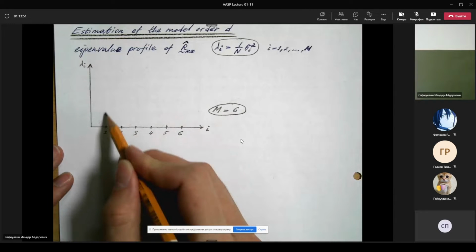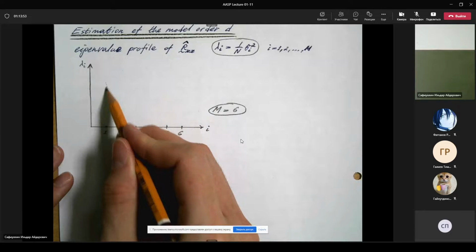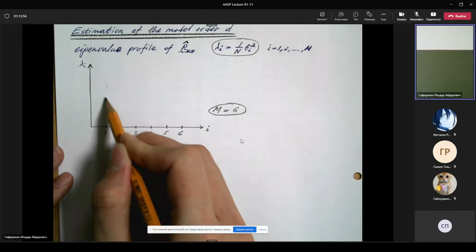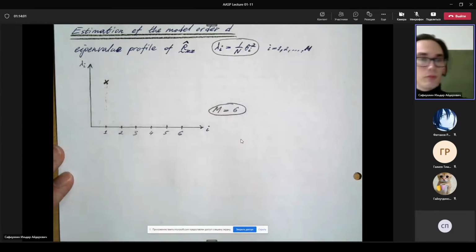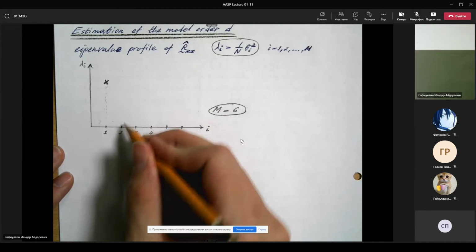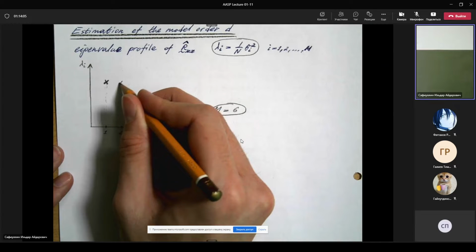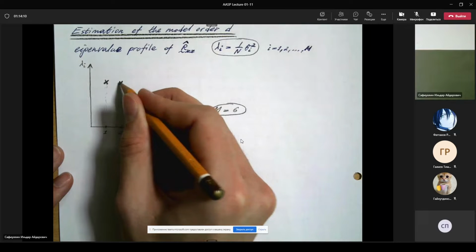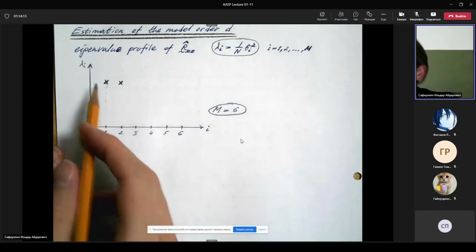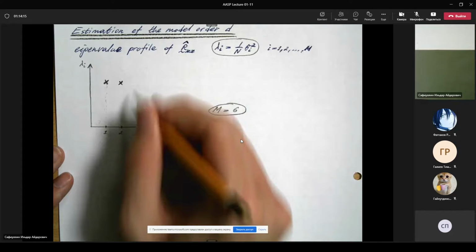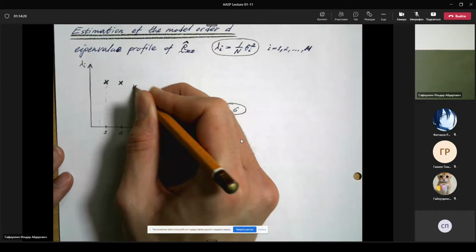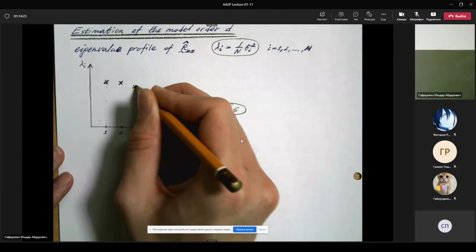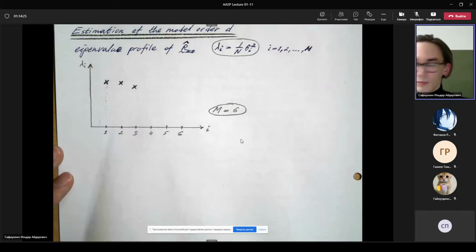So for the first value, we put a value somewhere here. So it is the first eigenvalue, then the second eigenvalue, a little bit smaller than the first one, then the third eigenvalue, smaller than the first and second.